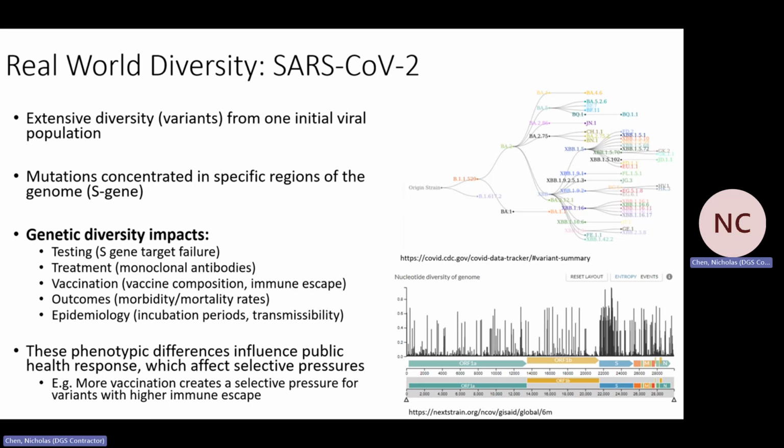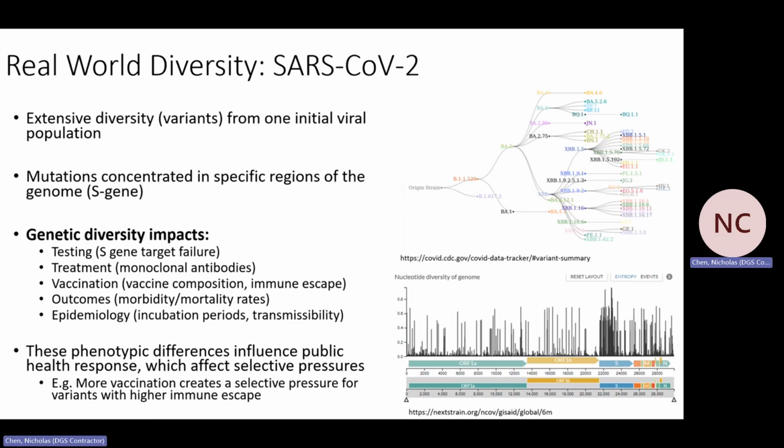When understanding the evolution of this pathogen, it's important to note that the mutations we see accumulate over time were not randomly dispersed throughout the genome of the virus. Instead, we saw a concentration of mutations in the S gene region of the genome, which encodes for the spike protein. This is clear in the figure in the bottom right, where we see far more mutations and a much higher frequency of these mutations, represented by the black lines, in this S gene region of the genome relative to other gene regions.